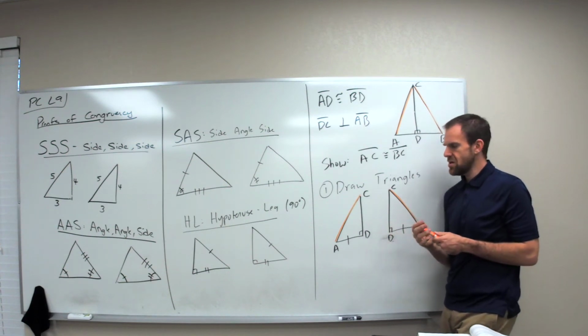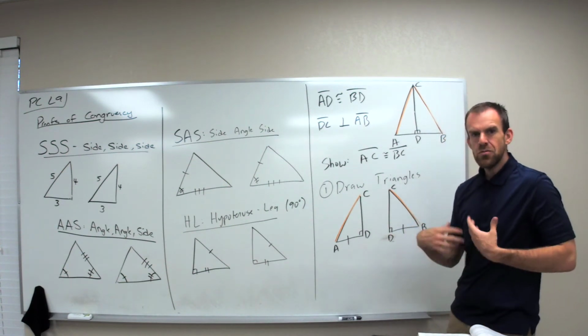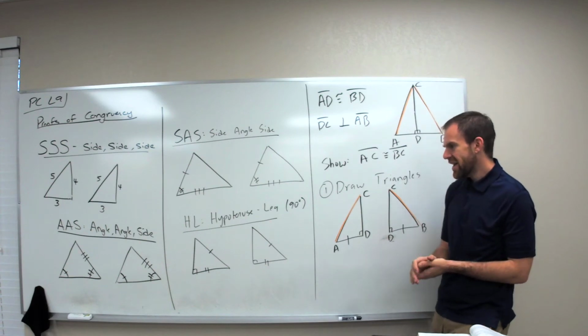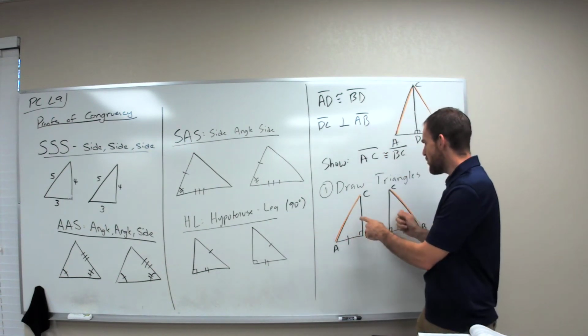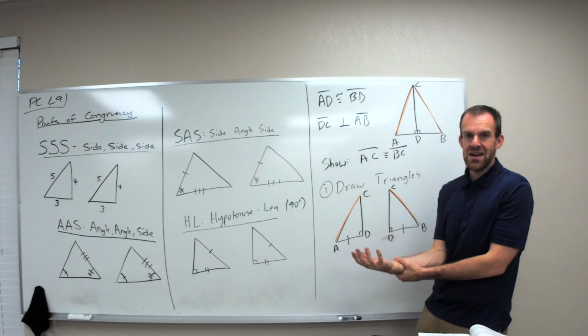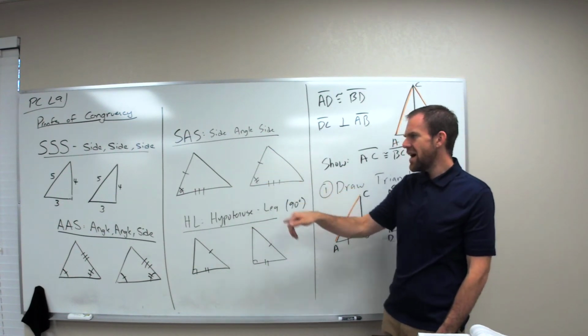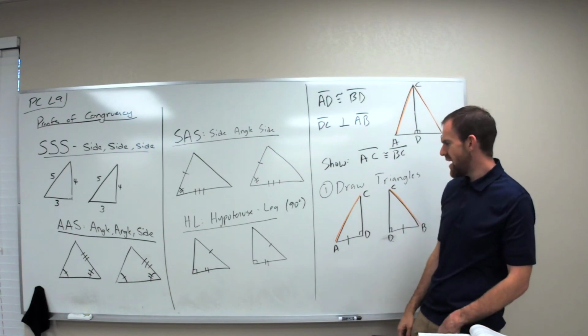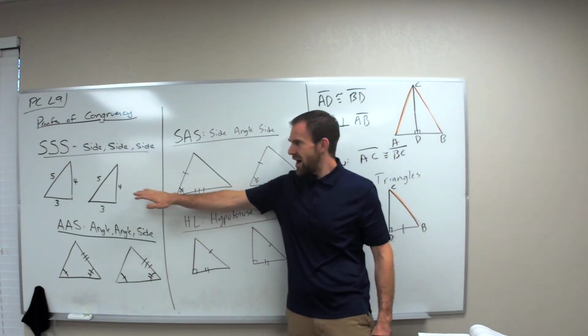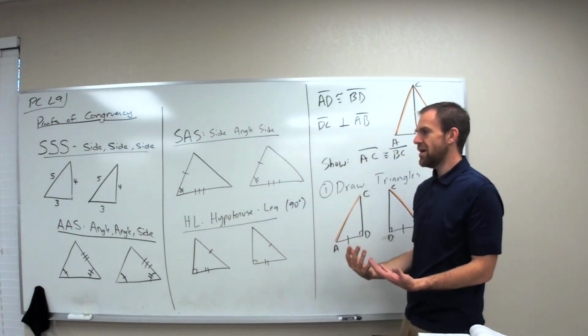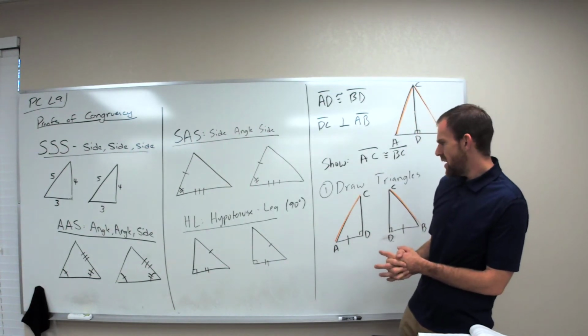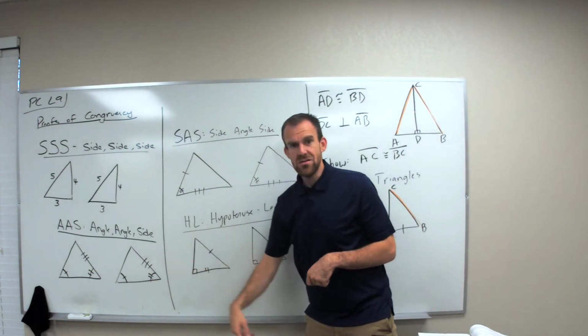I need some more information because right now I can't use hypotenuse leg, because I'm proving the hypotenuse. I don't have the third side right now, so I can't use side angle side. I definitely don't have three sides because I'm proving one of them. And I don't have all the angles.